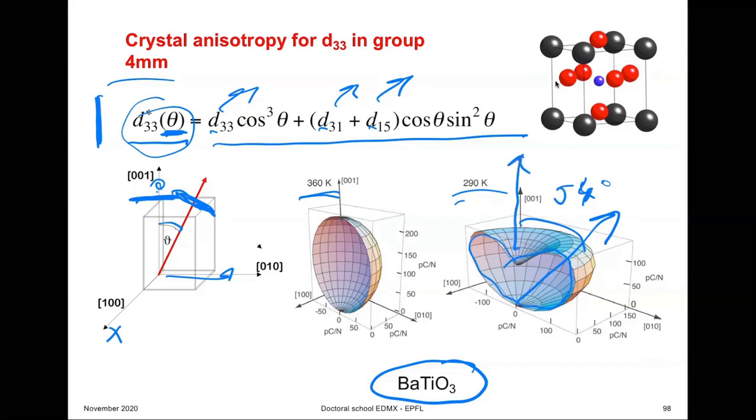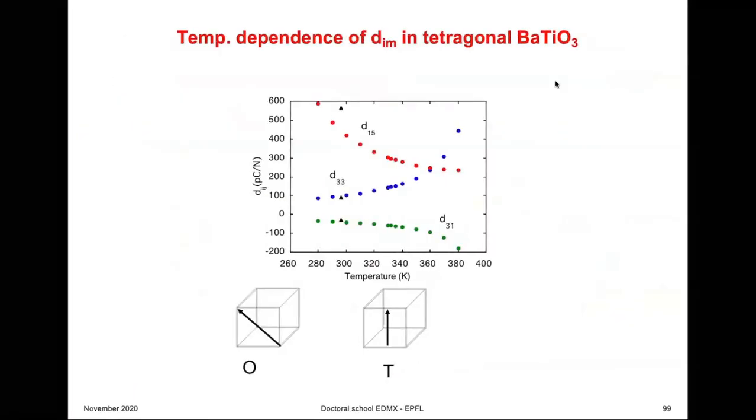Remember, in a tetragonal material, the polarization is here. So why is there this change, and why does the coefficient become larger along some non-polar direction? Well, let's consider this, as it will become very important for us later on.